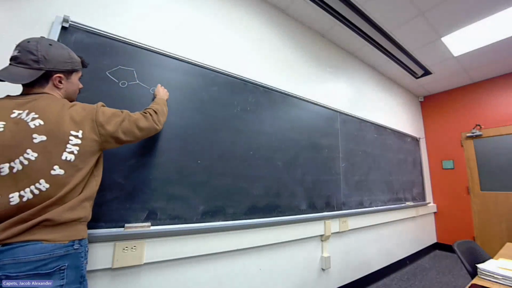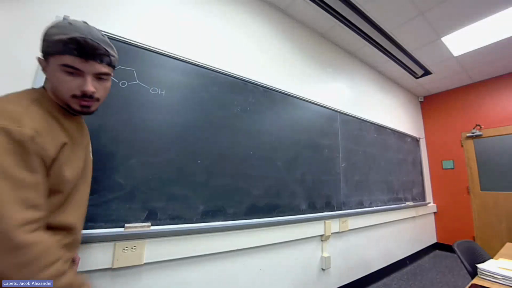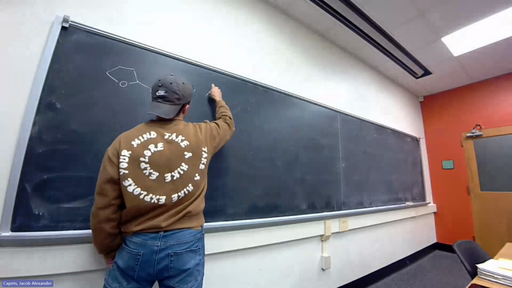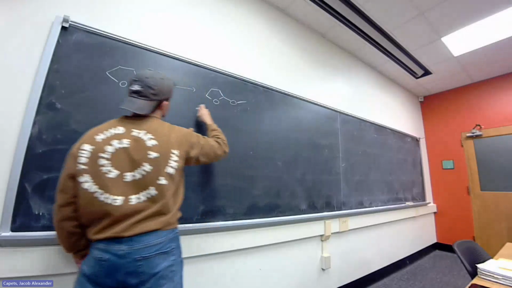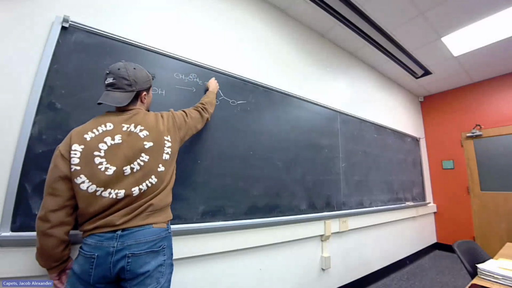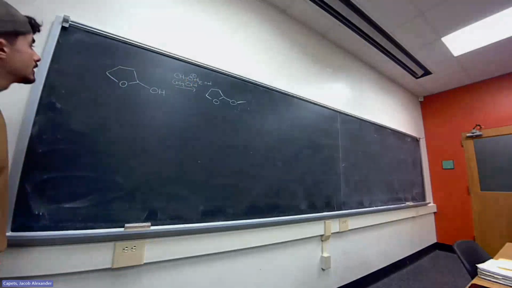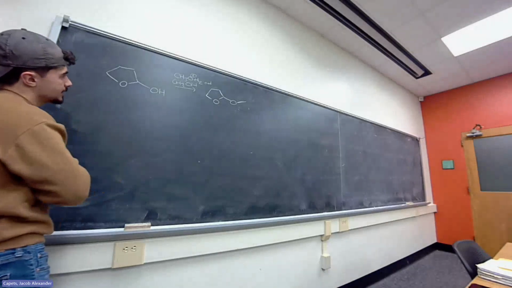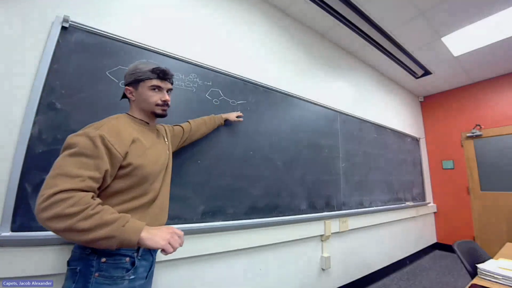So here we have a cyclic hemiacetal, and we're going to the full acetal. Looking from starting to ending, we're changing this OH to a methoxy.